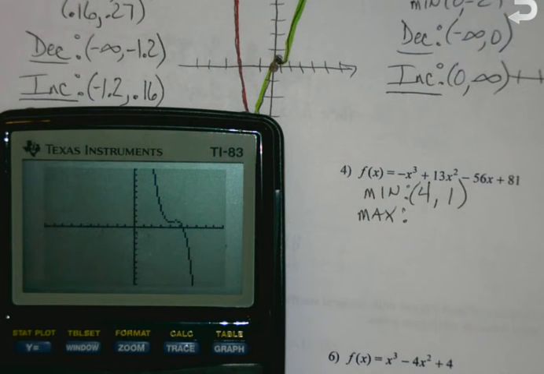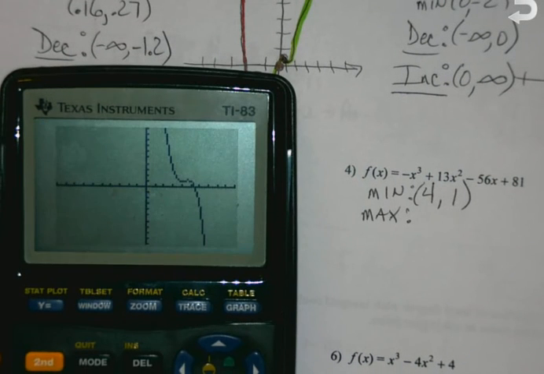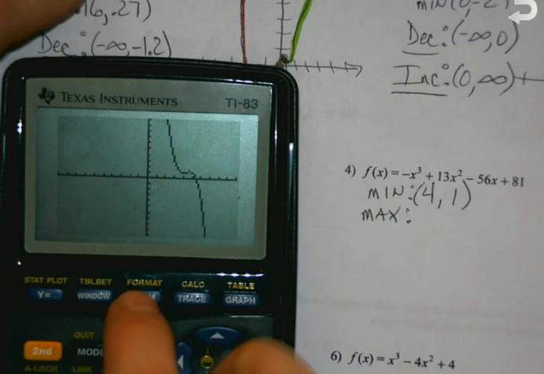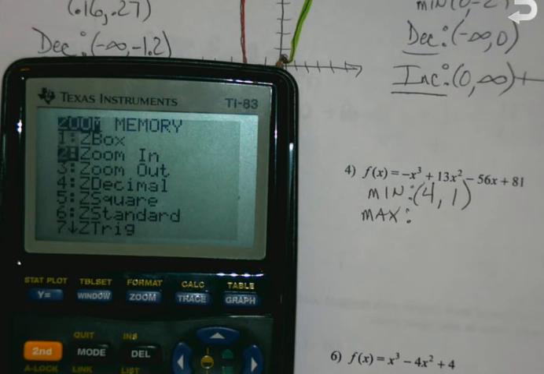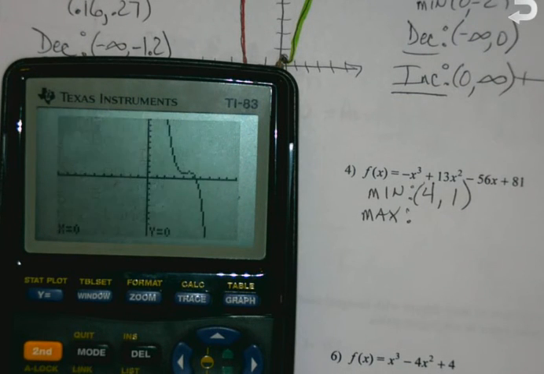Now, if you want to take a closer peek, because our deal before was we weren't sure if we had maxes and mins in here, or if it was just smooth sailing. If I hit zoom, right under the format here, and I want to zoom in like a camera would for a close-up, my little cursor becomes available.